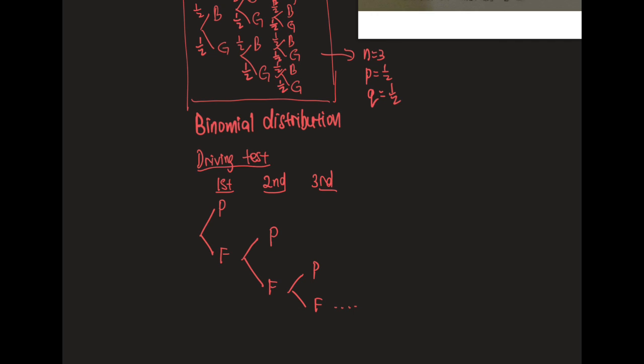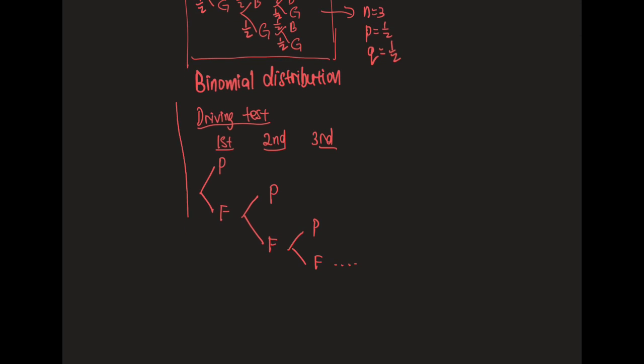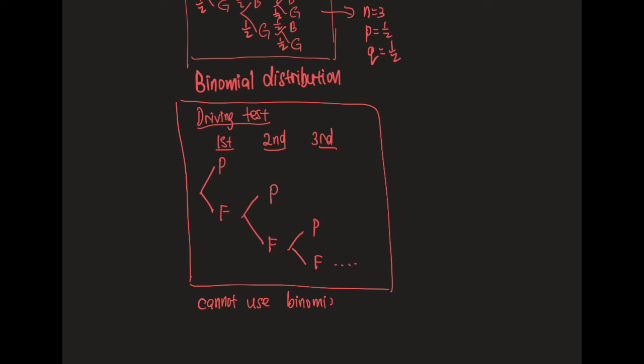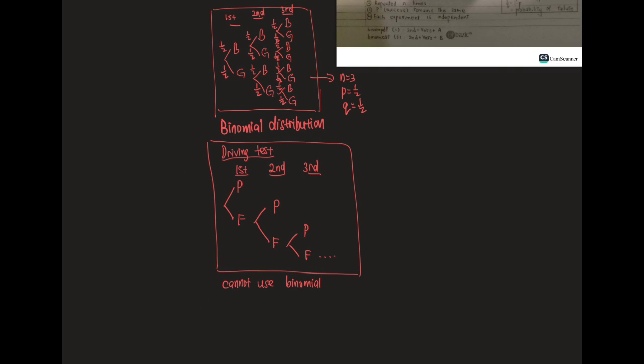So for this case, you cannot use binomial. You see, the tree diagram is not balanced. They extend down here only.